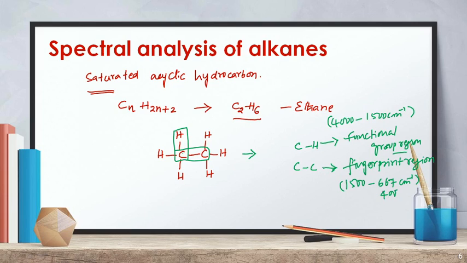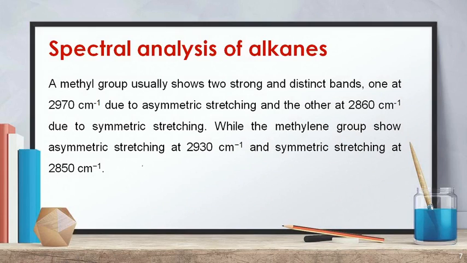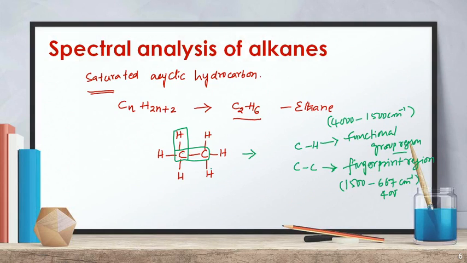Now what are the bands and what is the spectrum of alkanes? Let us see. In the case of the ethane molecule, you have the arrangement of 2 carbon atoms, 2 methyl groups connected. If you take a propane molecule, a methyl group is connected through a methylene group to another methyl group.